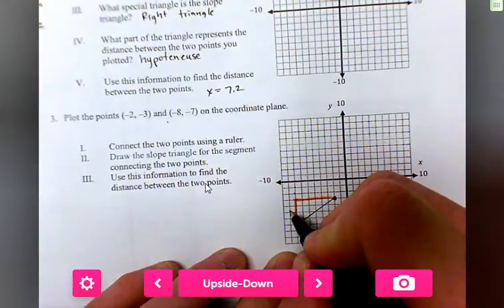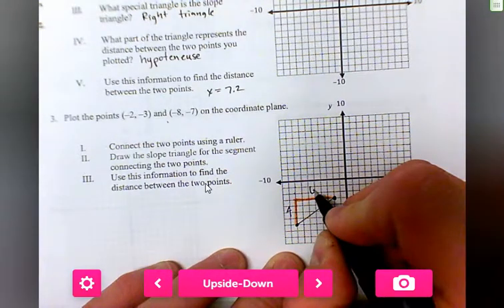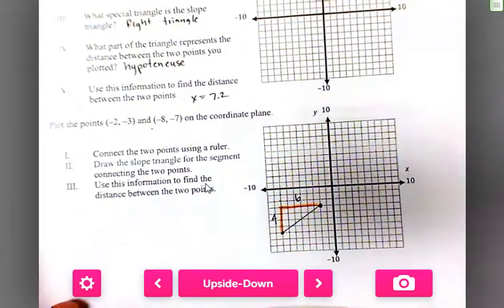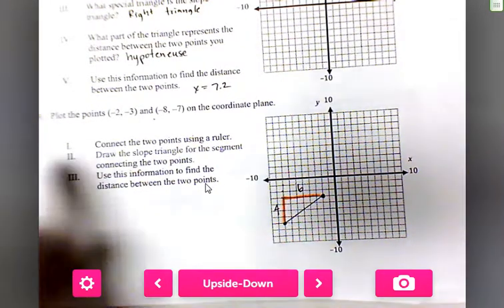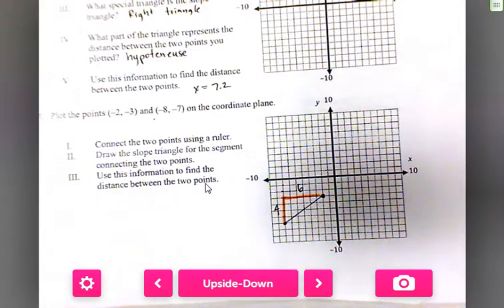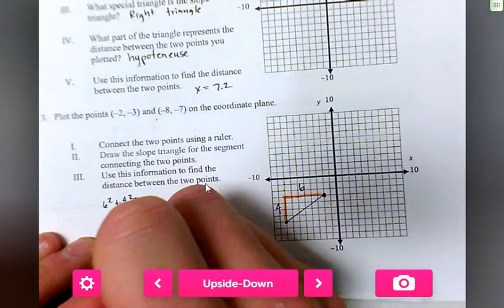So this height right here is 4. And this is 6. So we could probably skip the math here, because it's going to be the same triangle that we did before. So we're going to have this 6 squared plus 4 squared equals x squared thing.